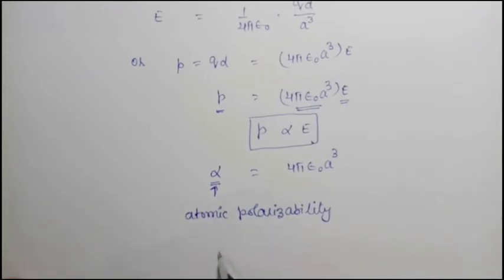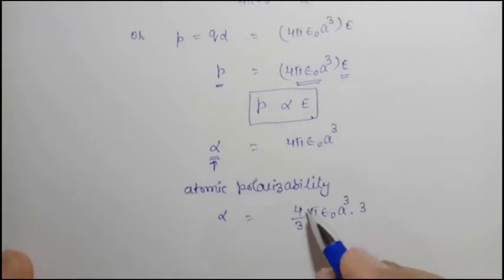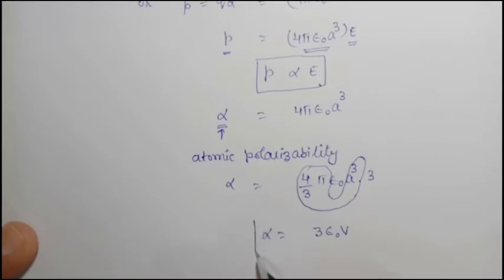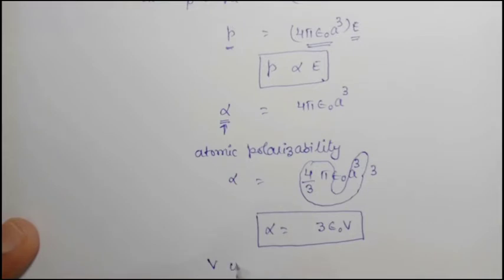Further we can write alpha, if we divide by 3 and multiply by 3, then we can write 4 over 3 pi A cube, which is equal to V. So we can write alpha equals 3 epsilon naught V. So here V is the volume of the sphere, or we can say the volume of the atom.